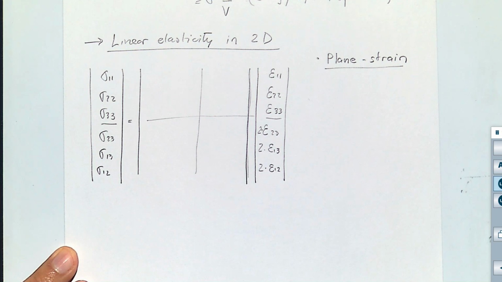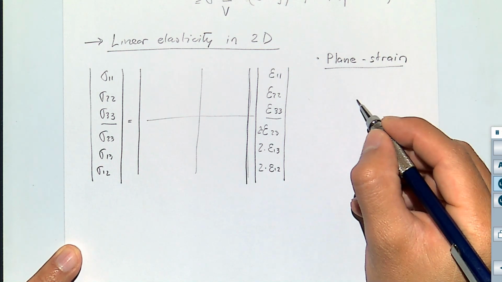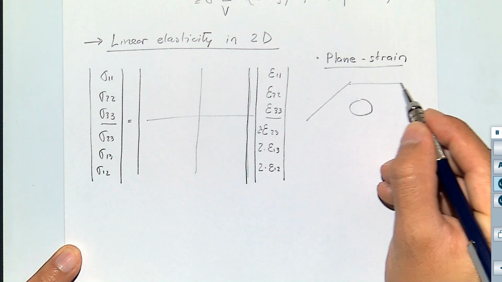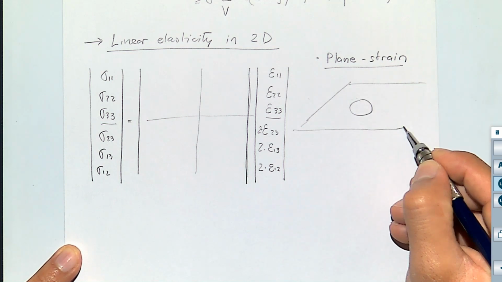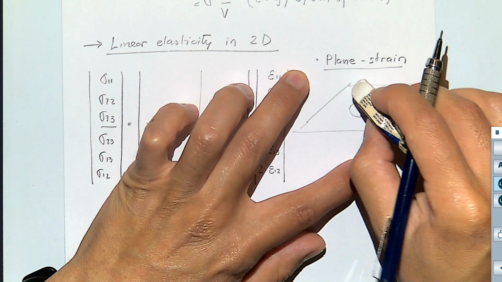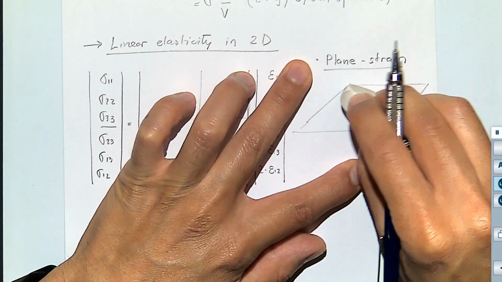Plane strain is going to mean that the state of strains is going to just change in a given plane, but not in the direction perpendicular to that plane. For example, if I had a wellbore, and to that wellbore, let me do it a little bit more elliptical so it looks like 3D.